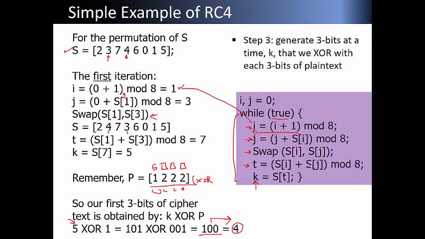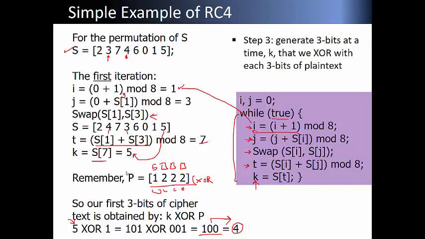So take 4 and 3, add them, which is a 7. 7 modulo 8 is 7. Finally, the key comes from S of 7. So the key that we obtained is S of 7.